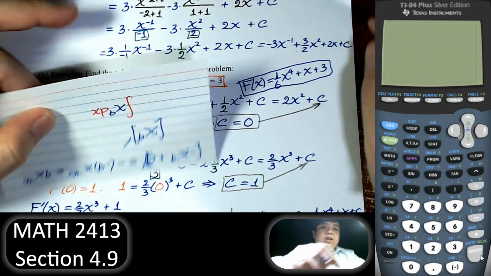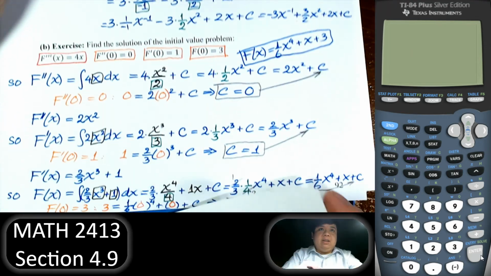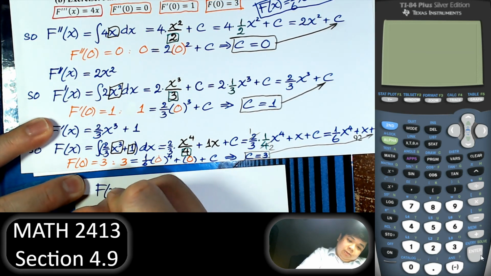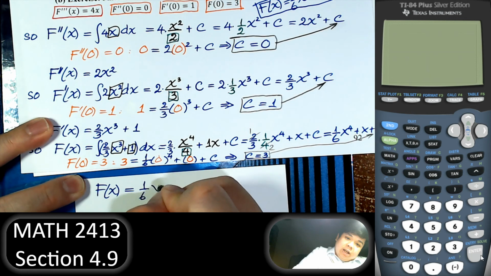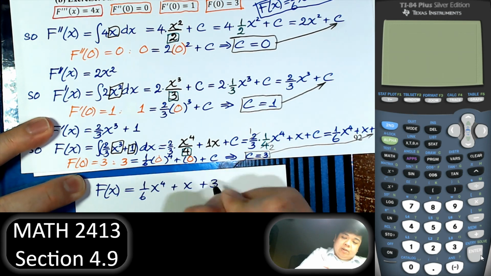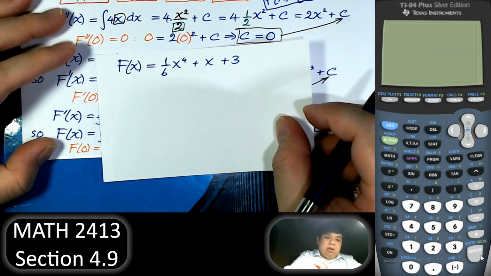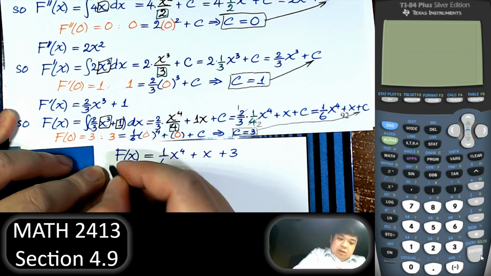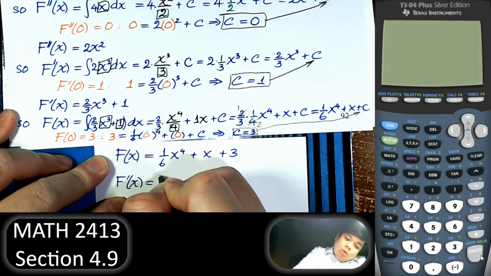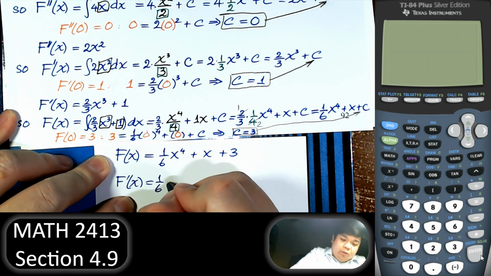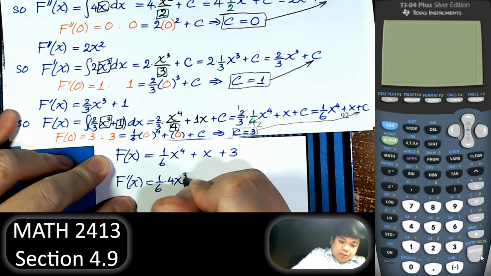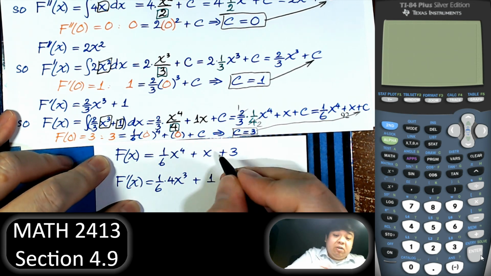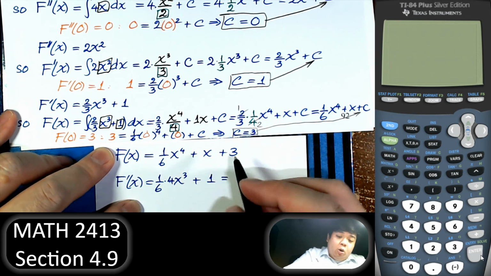Of course, if we want to, we can check by taking the derivative of it. So we have the function 1 over 6 x to the 4th plus x plus 3. Right? Now we will take the derivative. It will be 1 over 6 times the derivative of x to the 4th, which is 4x cubed. The derivative of x is 1. The derivative of 3, a constant, is 0. 4 over 6 is 2/3.